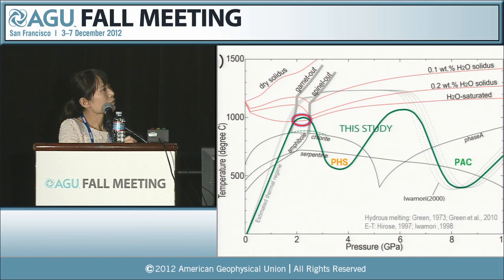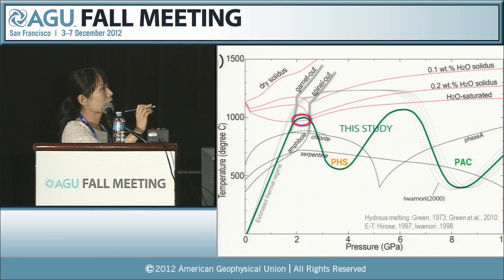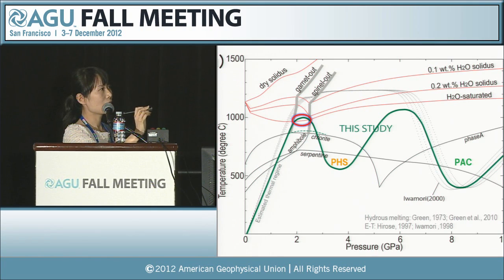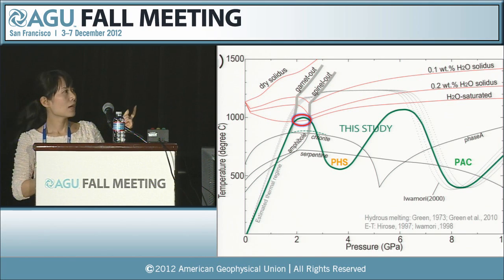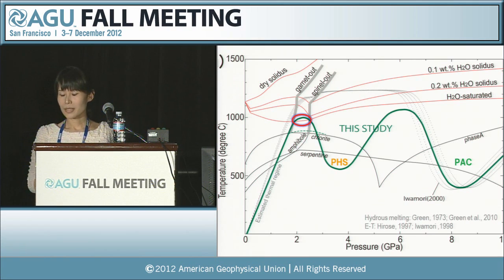So yes, small melting of about 10% gives the distance from the wedge solidus. So it's okay if the melting degree is lower than this 1,000 degrees.